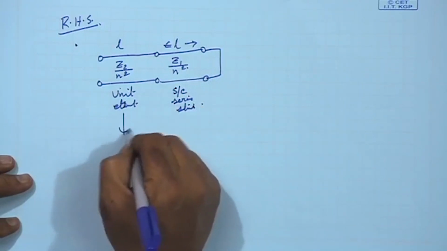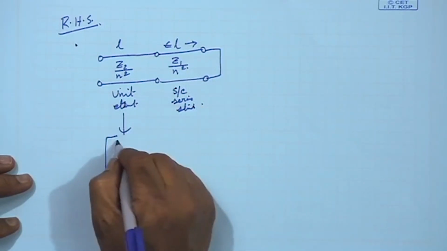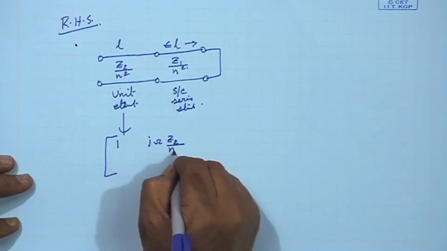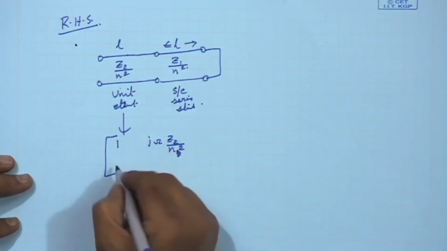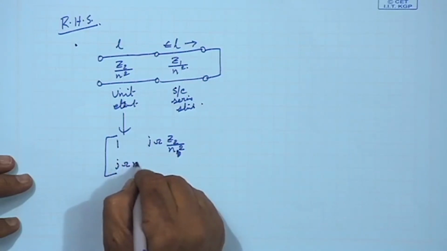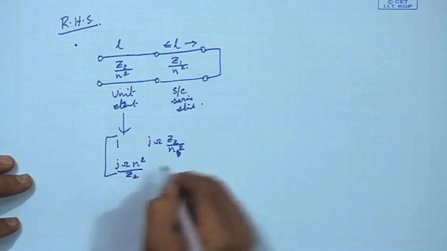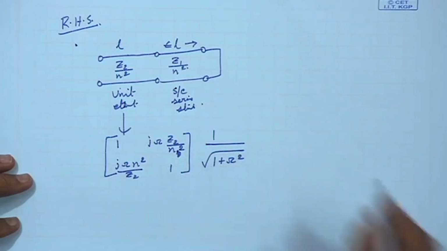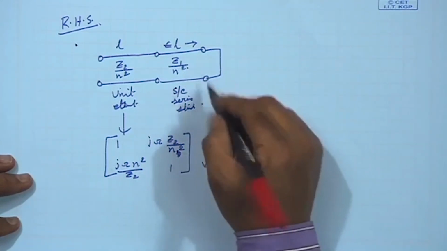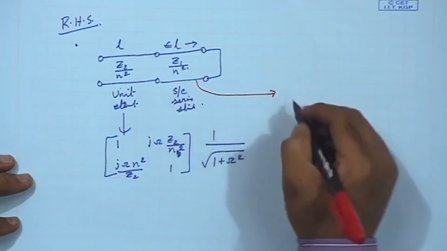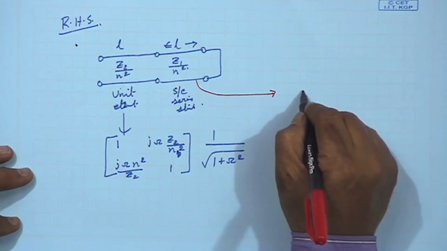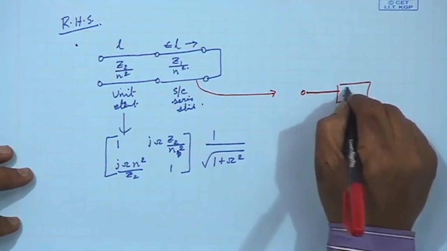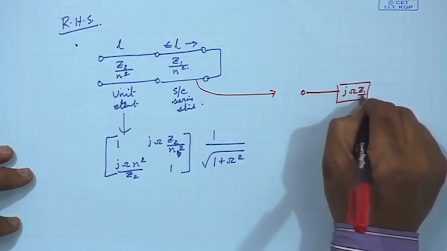For the unit element the ABCD matrix will be 1, j omega n square by Z2, 1, times 1 by root over 1 plus omega square. And for this short circuited stub, again you see it is equivalent to a series stub of j omega Z1 by n square.